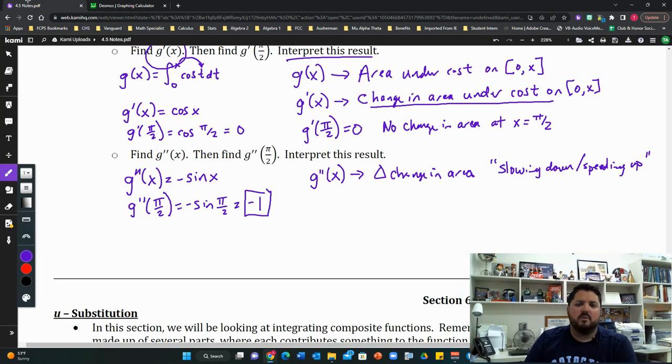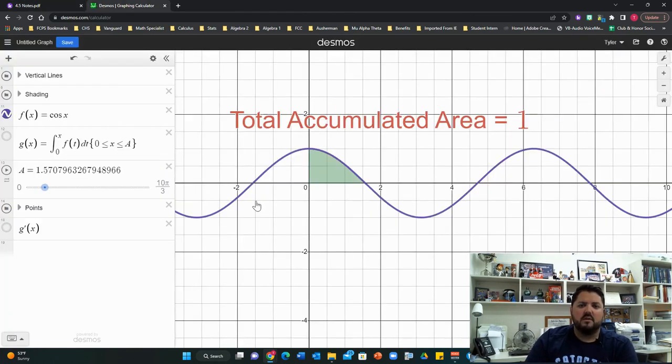Now, another way of interpreting it: whenever a function's second derivative is negative, remember that is indicating concave down. So when we look at the graph of g in a second, because again, just to reiterate, this is not the graph of g. This is the graph that g depends on, because we are taking the area of this graph to create the values of g.